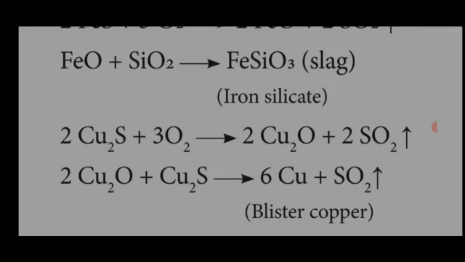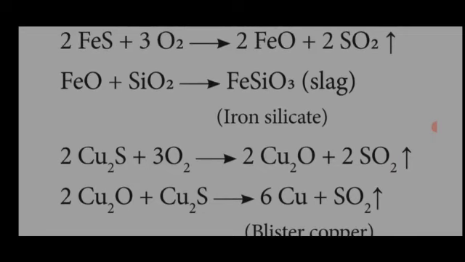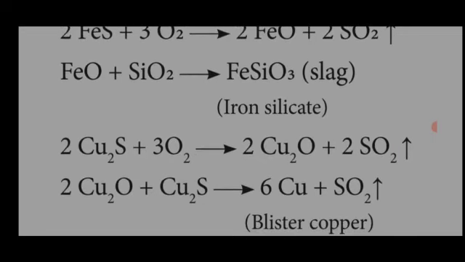The last equation contains how many coppers? 4 plus 2, 6 coppers. This is blister copper. What impurities are removed? Sulphide impurities. By what method are they removed? The Bessemerisation method. This is the fourth step, which is only for blister copper.